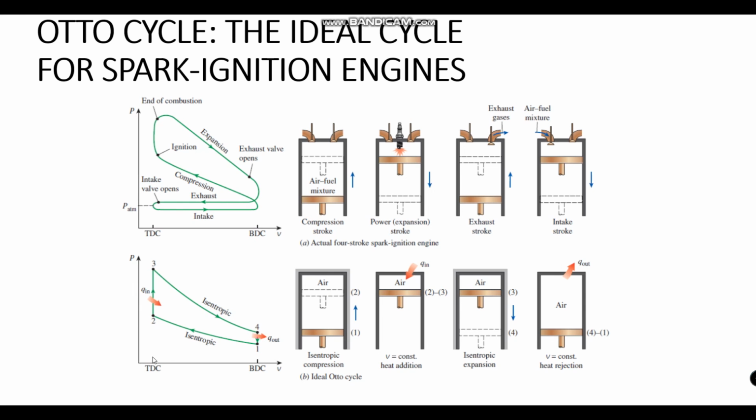Then we have isochoric heating, which means that we have constant volume and the temperature rises, which is impossible too, as we will see in the following pictures. Then we have the working process, isentropic, which is impossible too. Some part of the heat is lost to the environment, to the friction, and other things.